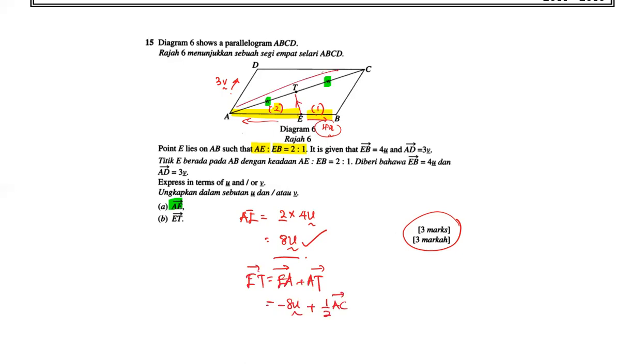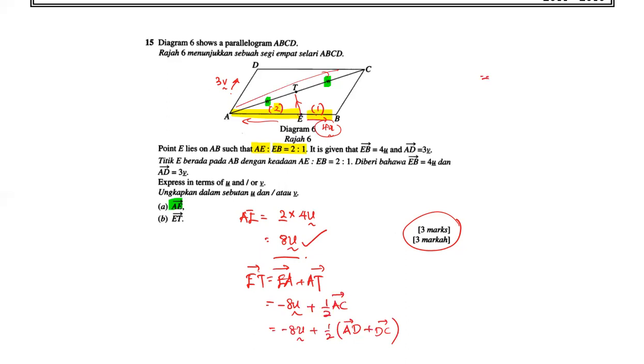AC, halfway. AC is AD plus DC. Then let's continue here.